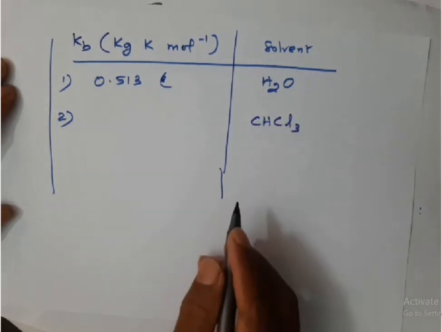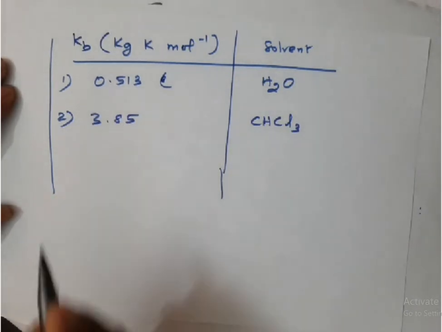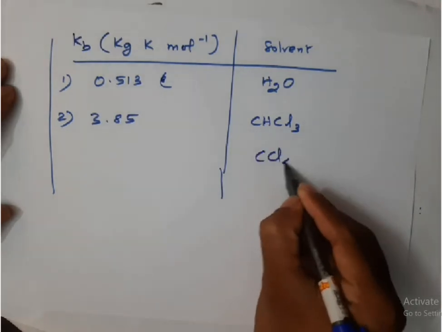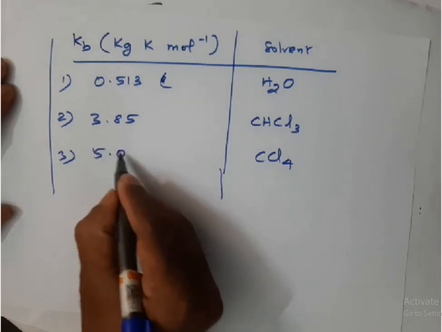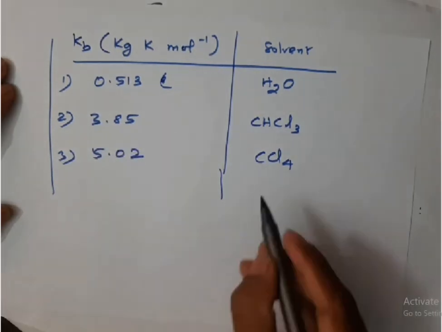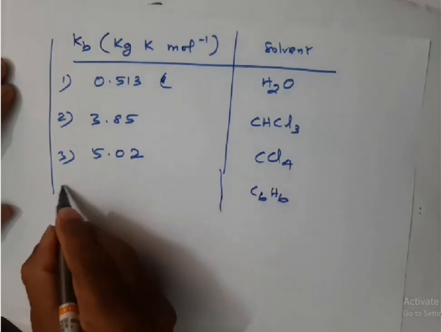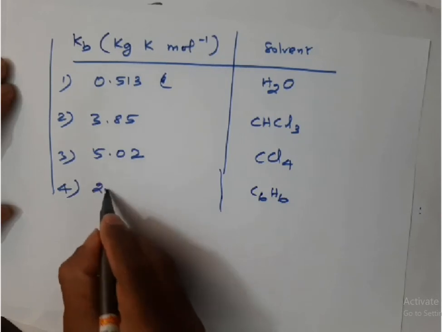For chloroform, the value is 3.85, and for carbon tetrachloride, the value is 5.02. For benzene, C6H6, the value of Kb is 2.6.